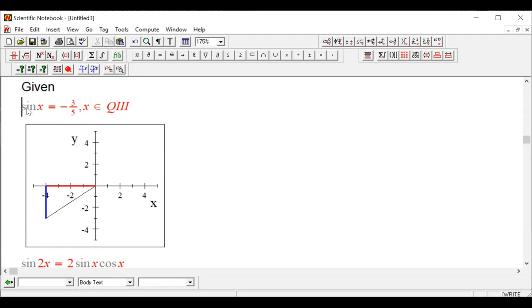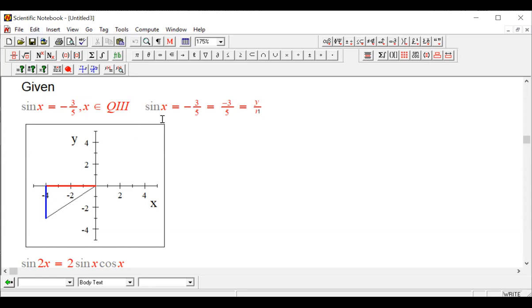From sine x equals -3/5, we know the y is -3 and the r is 5. So that's y over r, the definition.